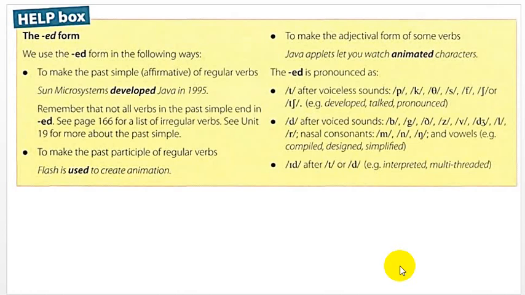Okay. Help box: the use of the -ed form. We use the -ed form in the following ways: to make the past simple, affirmative, of regular verbs. Sun Microsystems developed Java in 1995. Developed.